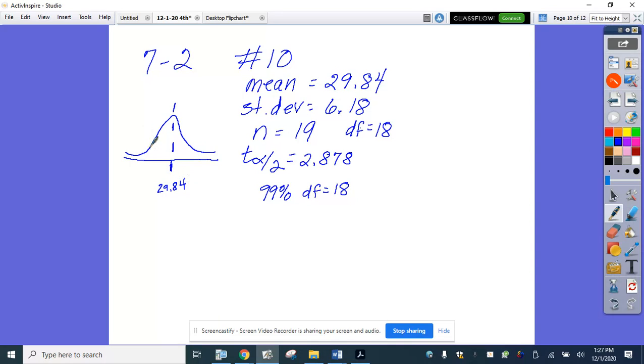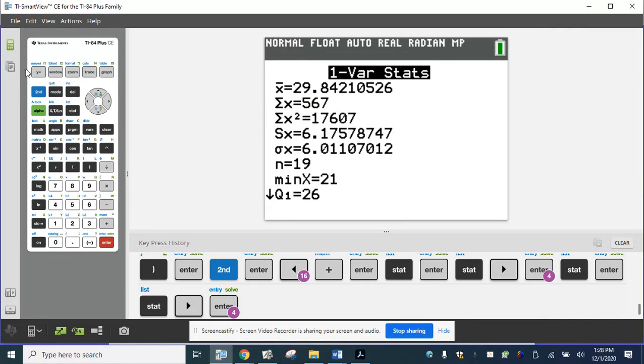We want to know how far to the left and how far to the right I go. Okay, so I'm going to say the mean, which is 29.84, plus or minus 2.878 times my standard deviation, 6.18, divided by the square root of 19. Remember, that's N, it's not DF. Okay, we're going to put that in the calculator. Let the calculator do my work for me if I can.